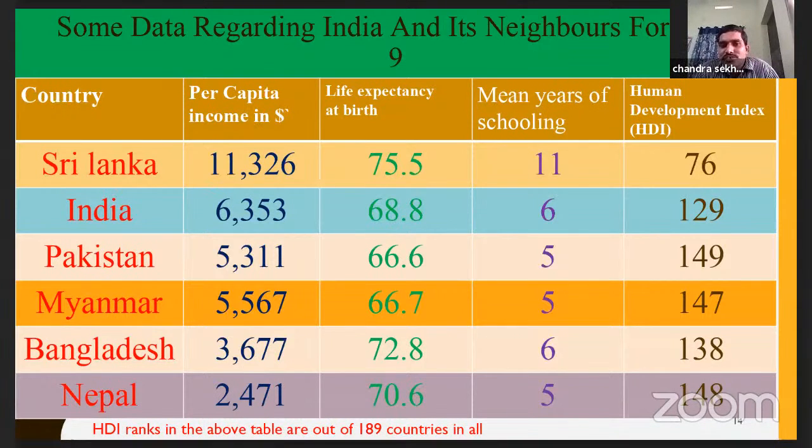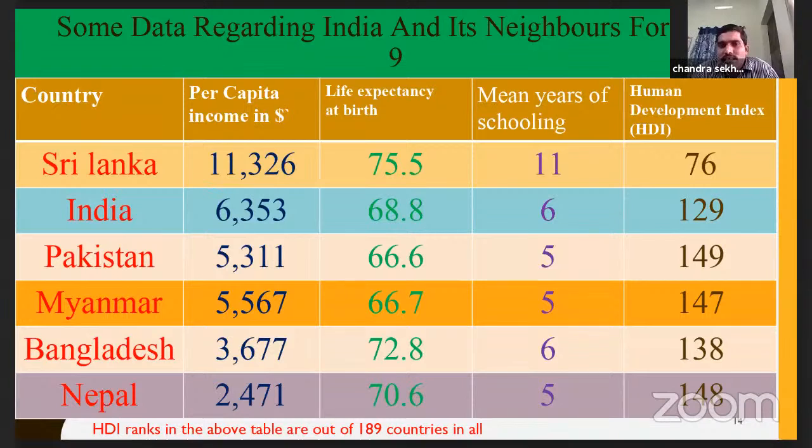India is such a huge country, so many times bigger than Sri Lanka, but it has only 6,353 US dollars per capita income, lagging behind Sri Lanka. It's a very surprising thing, but it is factual.